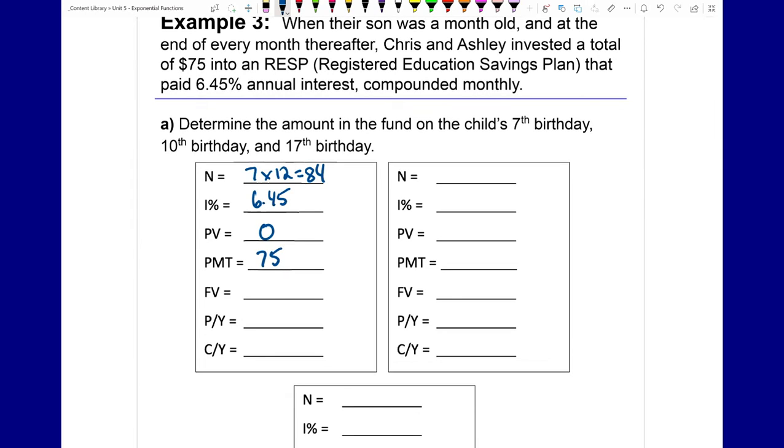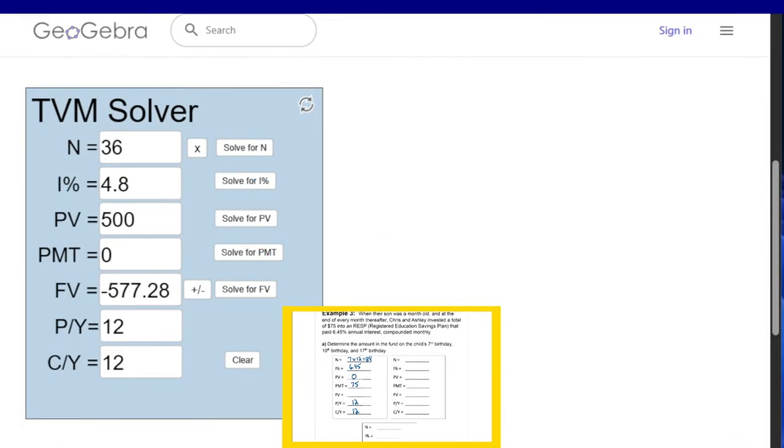The future value, we don't know. The payments per year is 12 because they're putting it in every month, and the compounding periods is monthly. So this is a little different because now we do have a regular payment of $75. So now if we go back to our TVM solver, we're going to clear everything.